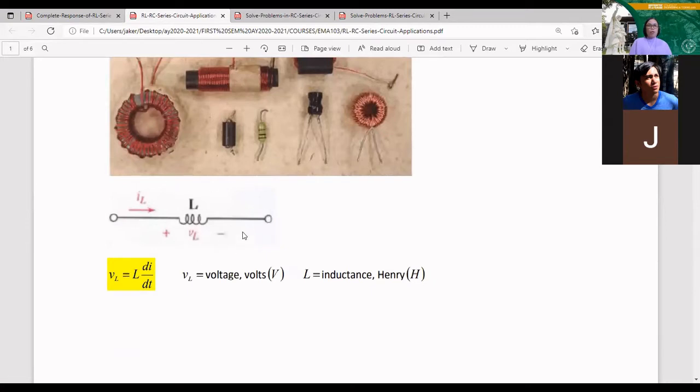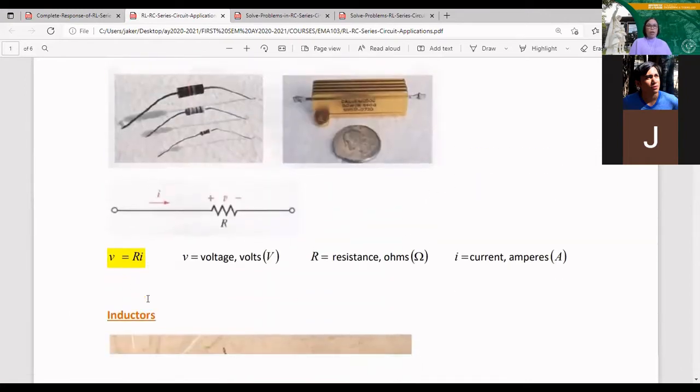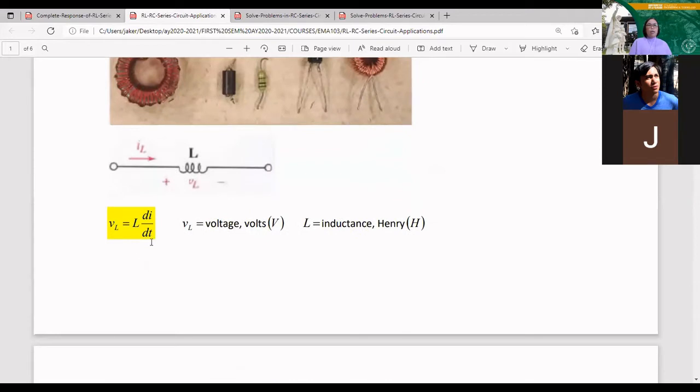The current passing through our inductor is represented by small letter i with the subscript capital L. If the voltage drop in our resistor is Ri, in the case of our inductor it is the product of the inductance L, whose unit is the henry or henries, and the rate of change of the current with respect to time.